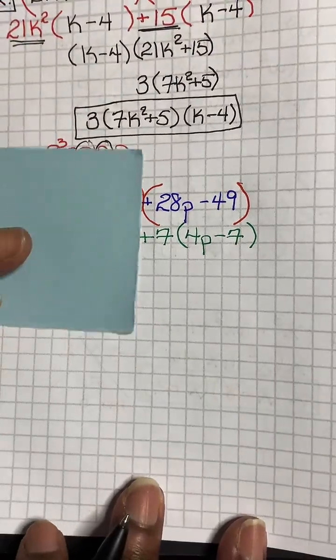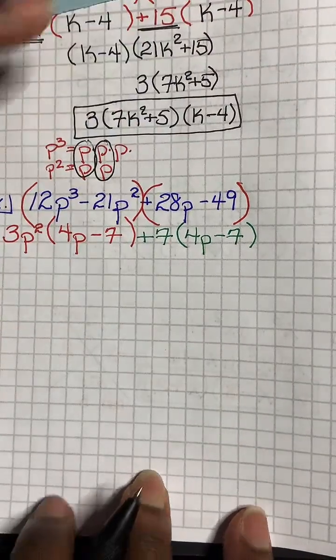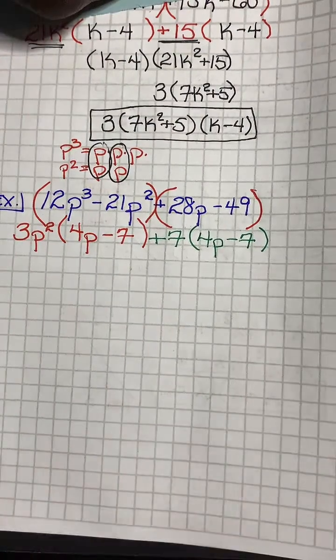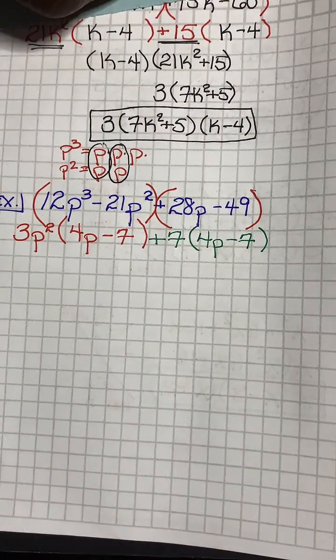All right. Taking this away, what do we notice? Okay, 7 can be factored out.